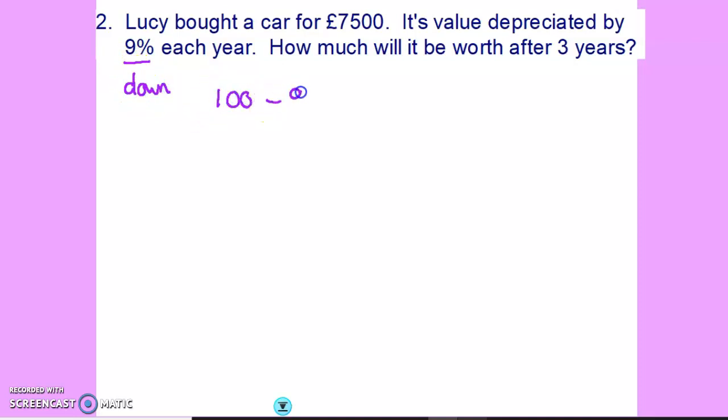So instead of adding it on to 100, I take it away from 100. So we get 91%. That's the only difference with the depreciates rather than the appreciates. To get it into a decimal, again, we divide it by 100. 91% as a decimal is 0.91.